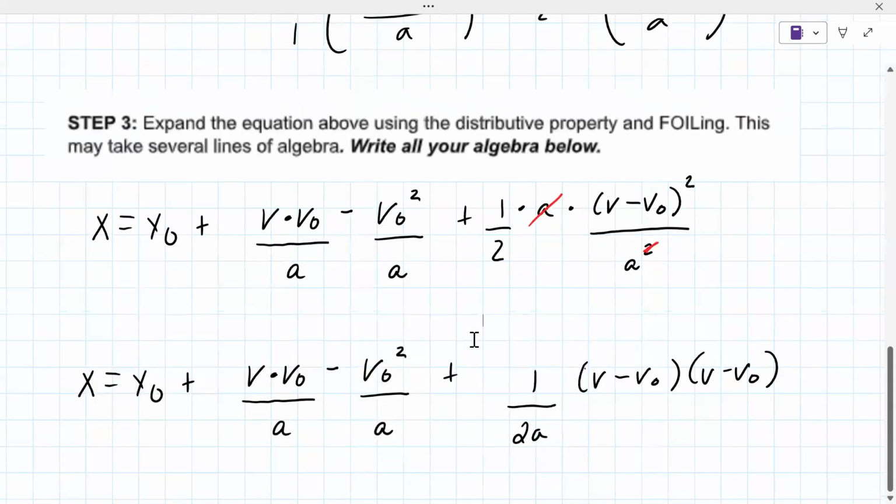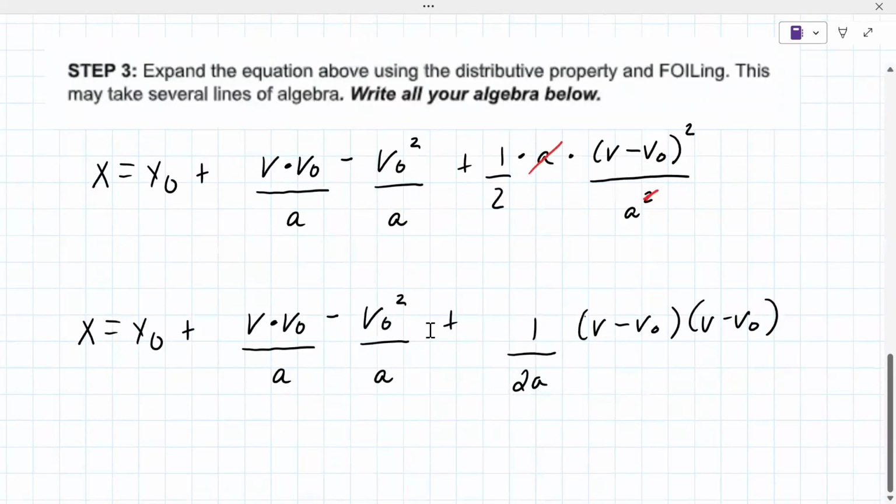You don't have to do all this writing, but I'm going to show it on the screen here. Sorry, the a's: the a up here cancels with, it's really a times a on the bottom down here. And then we're going to foil this by writing it as two binomials, a binomial times a binomial. We're going to do that next.